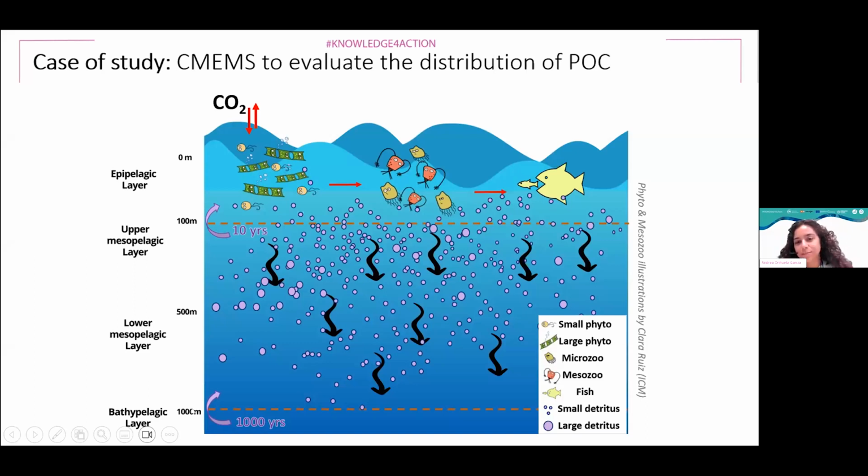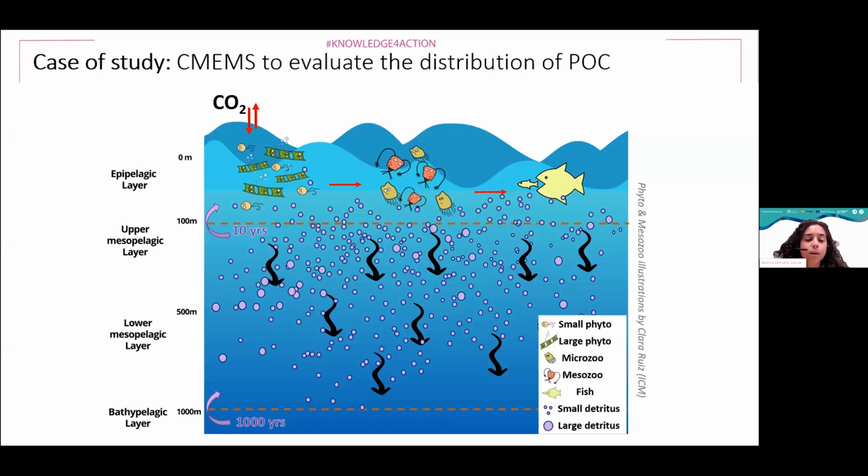Once you know what POC is, probably you will think, why do we care about it? As phytoplankton is capturing the CO2 that was originally in the atmosphere to create its organic matter, it's an ocean mechanism to mitigate the additional CO2 that is driving climate change.